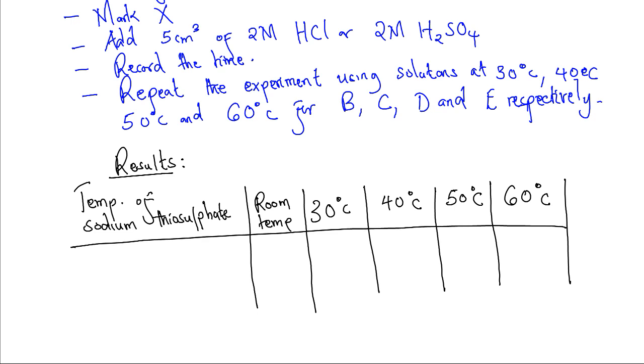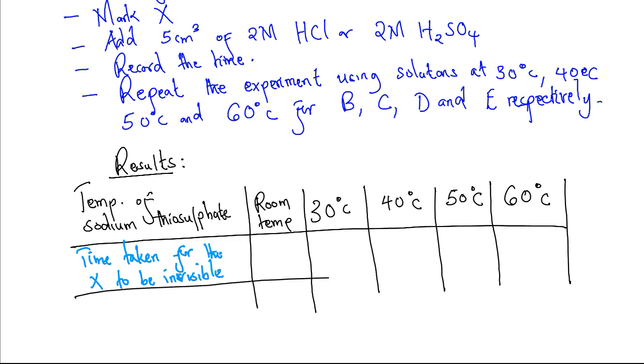Then we have time taken for the cross to be invisible, to disappear. And finally, we have 1 over t.